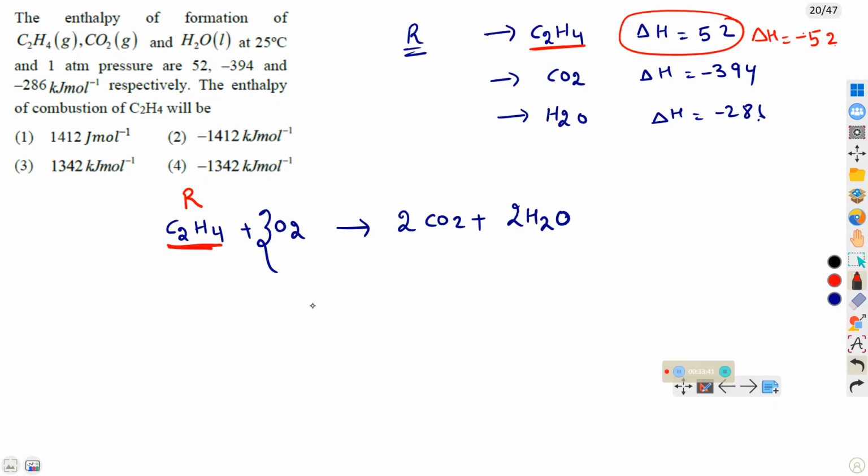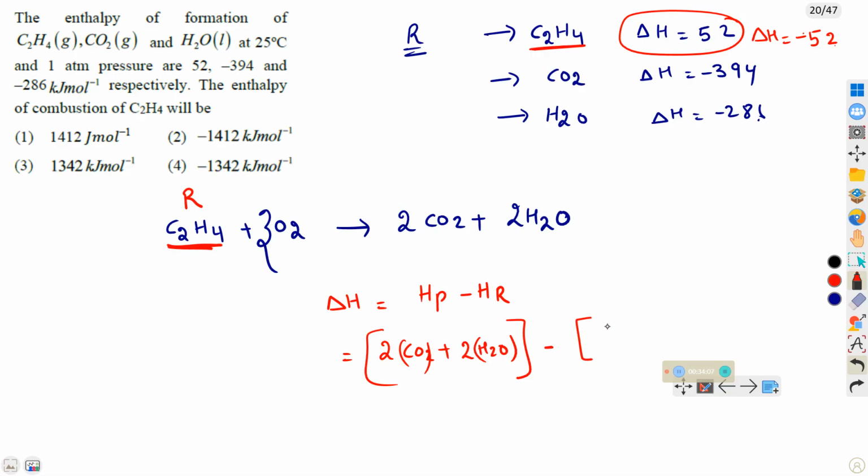Now what we know, delta H is calculated as HP minus HR by using this formula. Enthalpy of products, 2 into CO2 plus 2 into H2O, minus C2H4 plus 3 moles of O2.